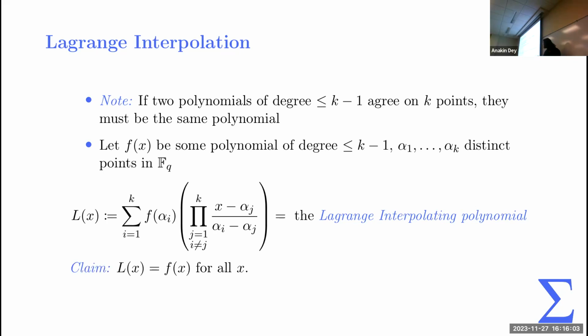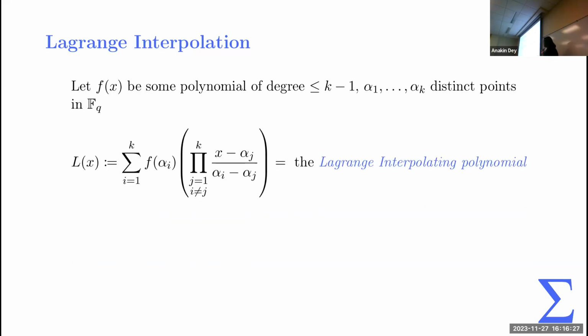I'm going to claim that this polynomial L is equal to whatever f was. The takeaway is that if I just give you alpha 1 and what f of alpha 1 should be, then you can plug it into this formula and you'll get the polynomial that generated those evaluations. But why does this work?